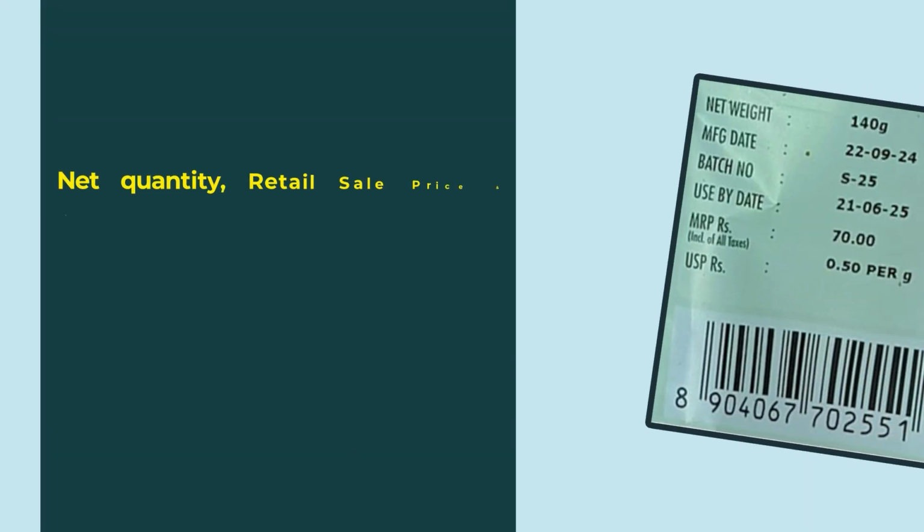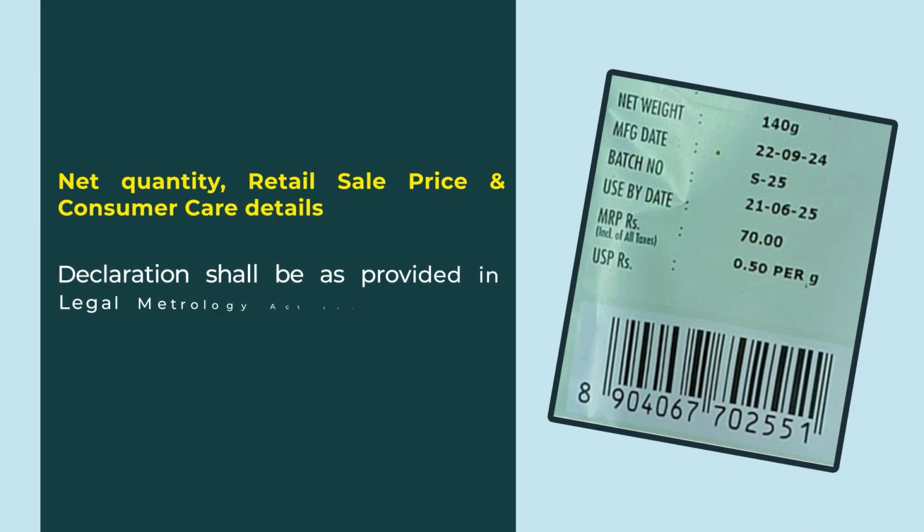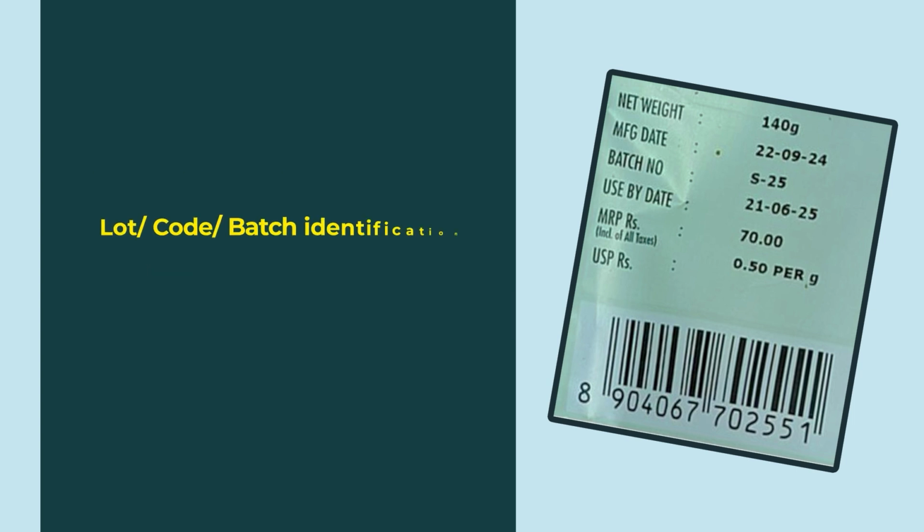Then another important declaration is the net quantity, retail sale price and the consumer care details, and all these declarations shall be as provided in the Legal Metrology Act 2009 and the rules thereon. Okay. And the lot number, code number or batch number, these identification are also very important on the food label, because this will help to trace the history or source of the food.